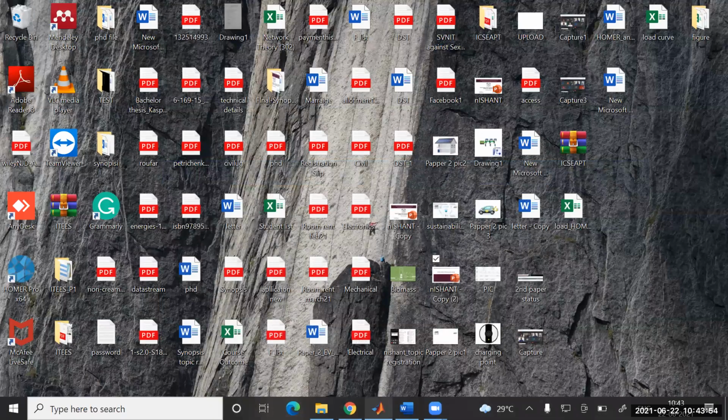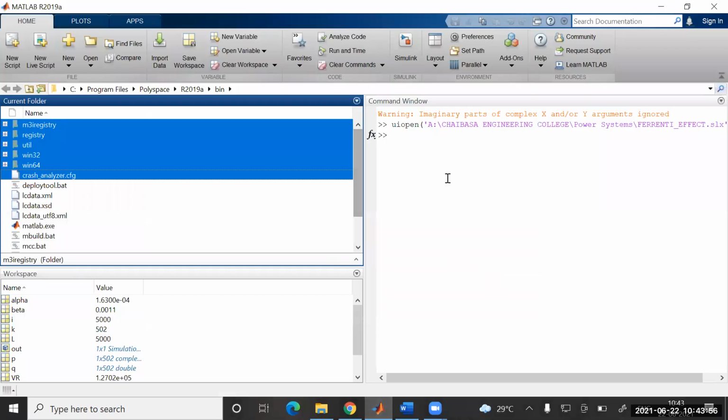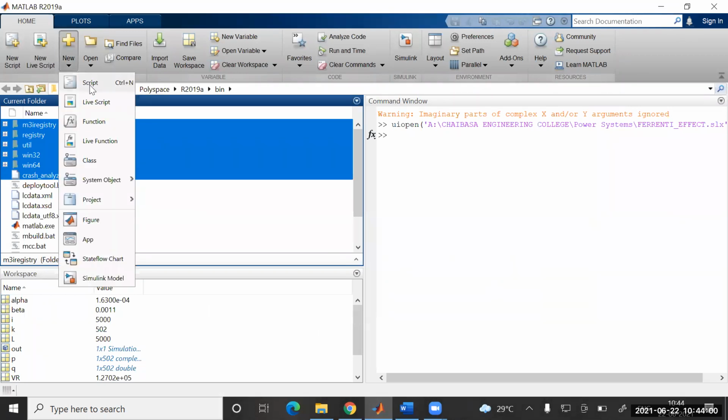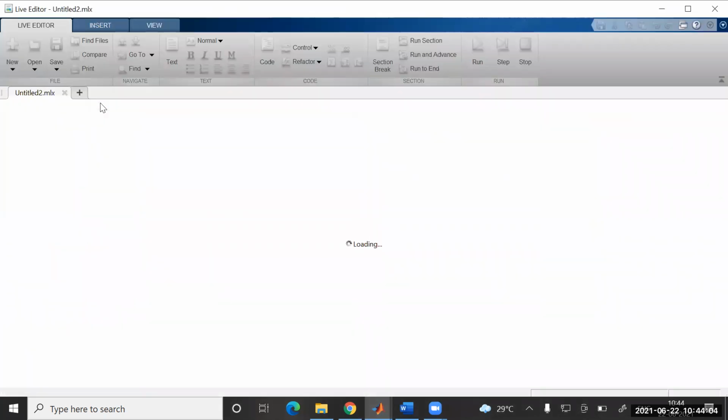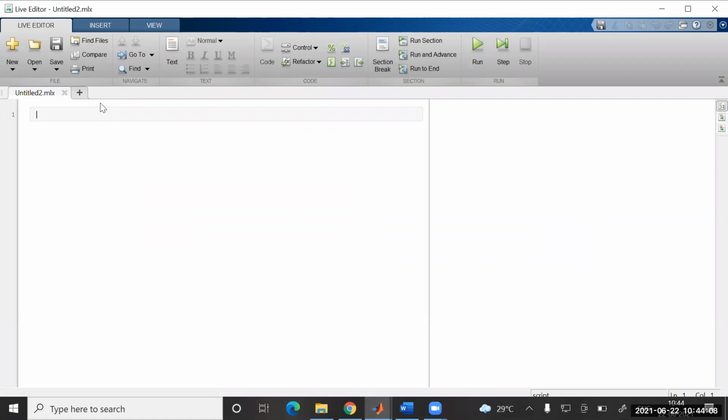Let's go to MATLAB. In this, you could use script writing or live script writing. We'll go with the live script. What happens in a live script?